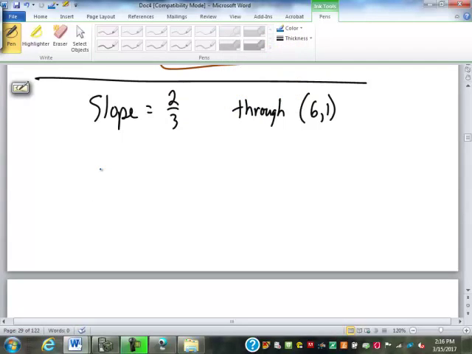Well, I know that this equation is going to start out as y equals the slope times x. So y equals 2/3 times x. But I don't know what the y-intercept is. So typically we use the letter b to represent the y-intercept if it's unknown.